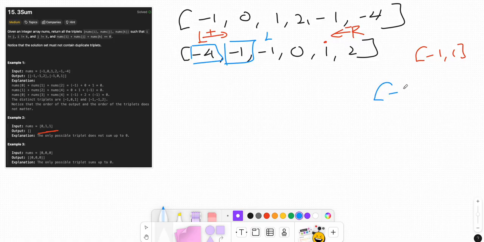Then we move and get minus 1, minus 1, 2 and 0, right? Here we also have a combination that sums to 0, right?